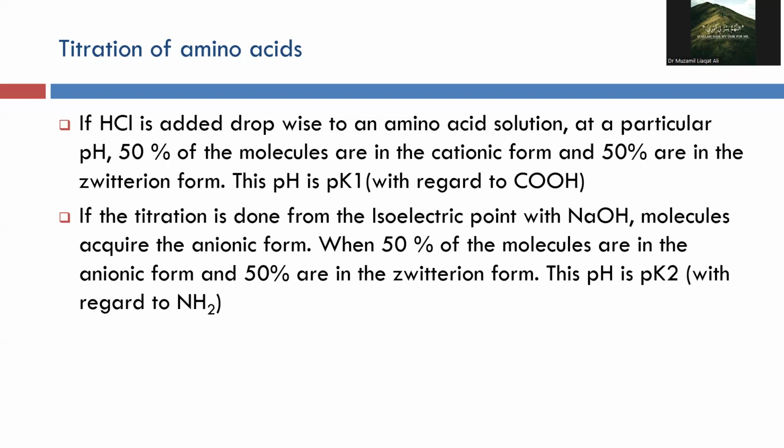That's the pK2. That is for the amino groups, right? So pK1 is for the acidic component and pK2 is for the amino component or the basic component. For simple amino acids like alanine, the pK1 is around 2.3 and the pK2 is 9.7.